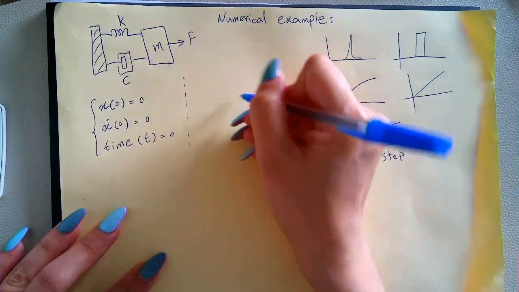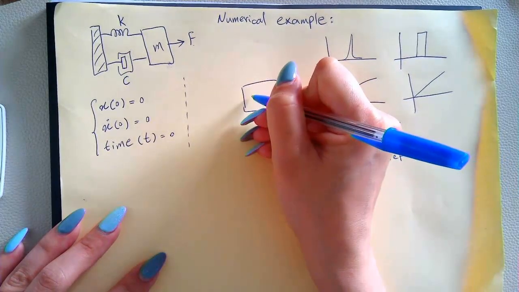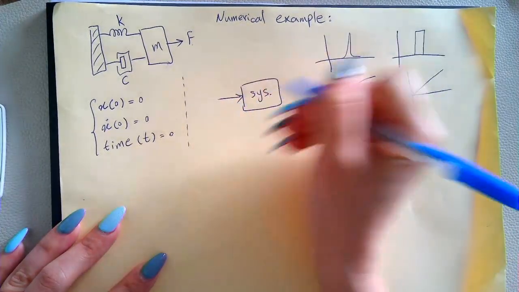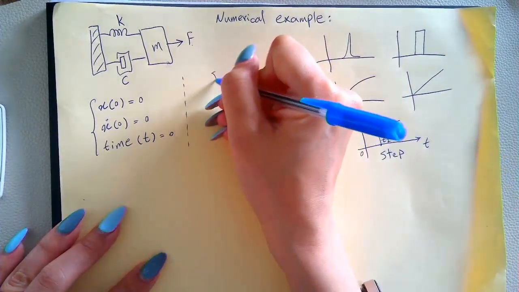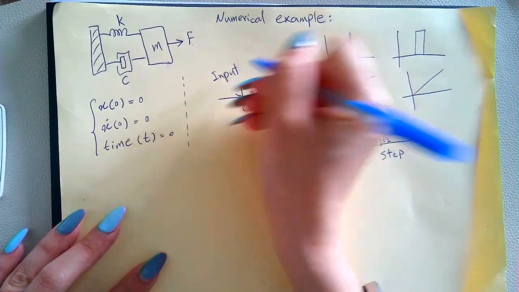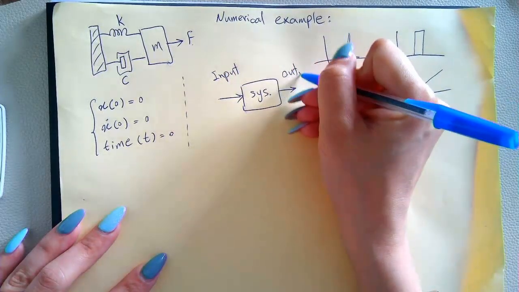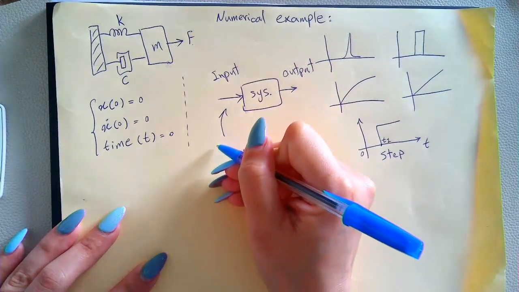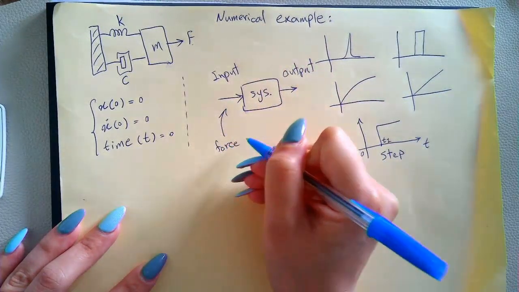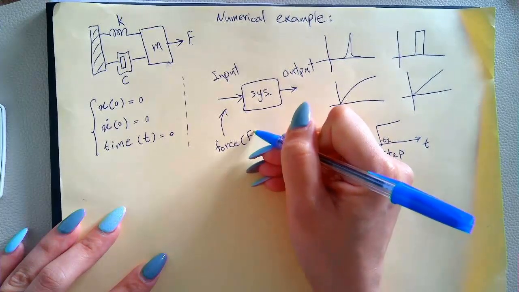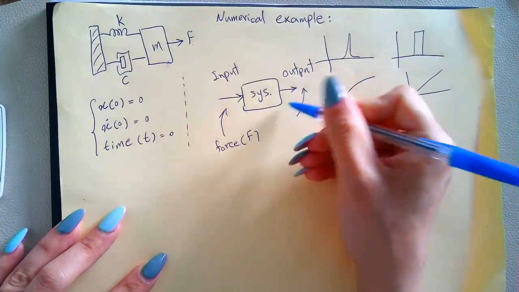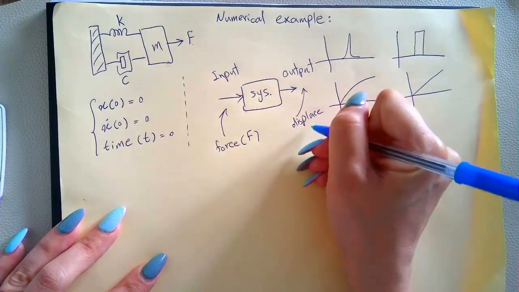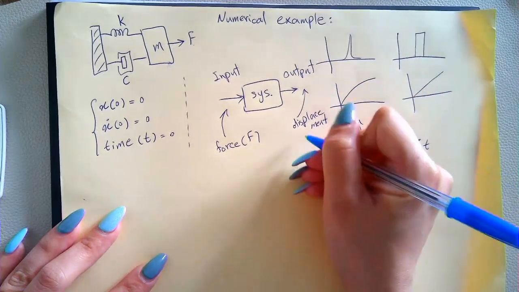Again, if I put a black box on top of the system and look at my input and expected output, this input is the force F and the output is the displacement, or X.